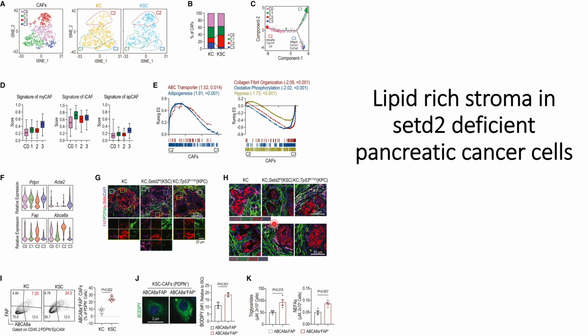In the top rows we can see the KC, and FAP can be seen in the KC and also in the KPC, but in the bottom rows we can see that FAP is expressed more predominantly in the KSC samples.